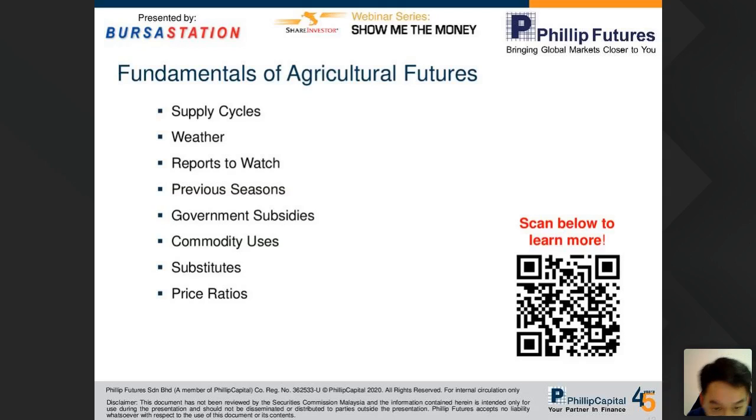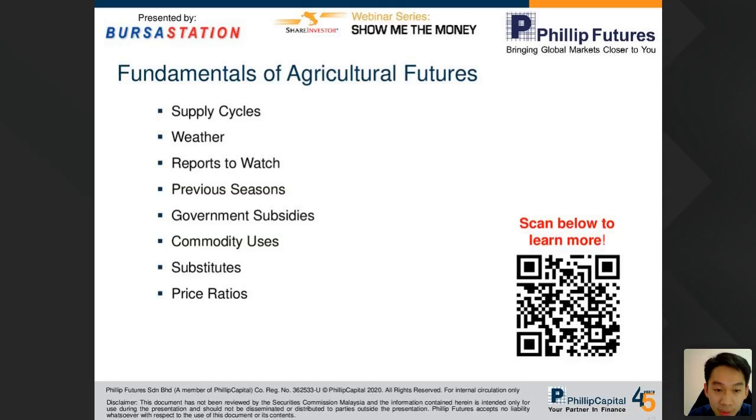Then I'll just briefly go through other factors as well. You also need to do a comparison on the previous seasons. Previous seasons means how the performance was last year. Then government subsidies, mainly on government policies. What are the government policies that affect the underlying asset, in this case, crude palm oil?